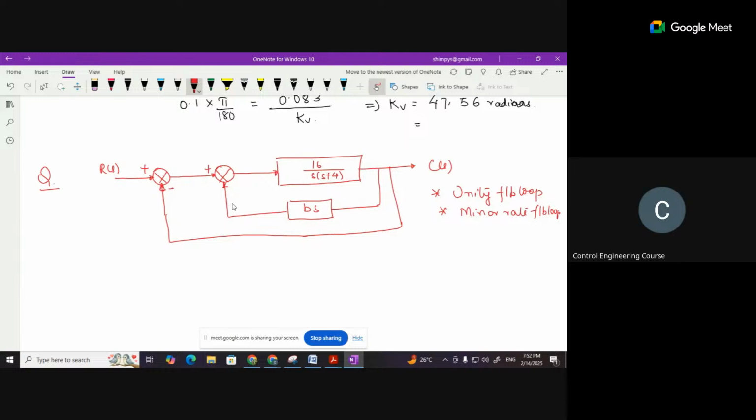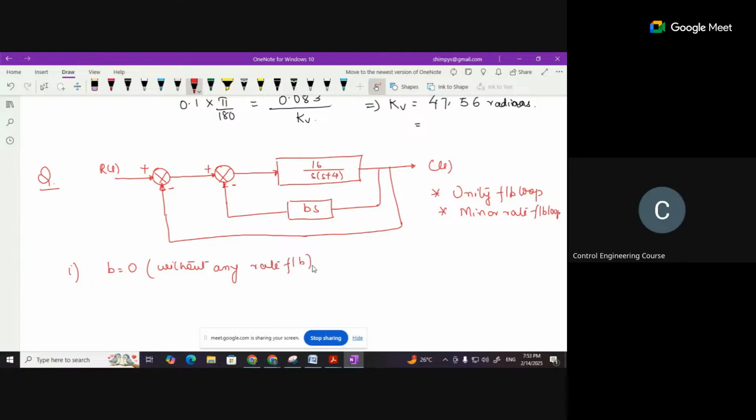Now, without any rate feedback, so if we say that B is equal to 0, that is, without rate feedback. What's the sign for that rate feedback loop? This one is minus.